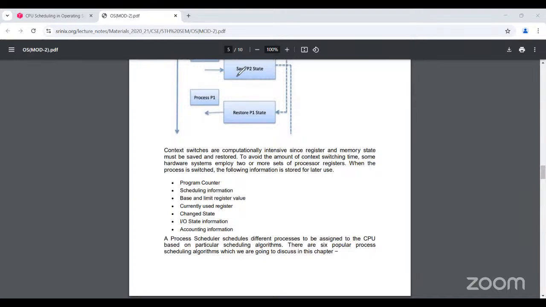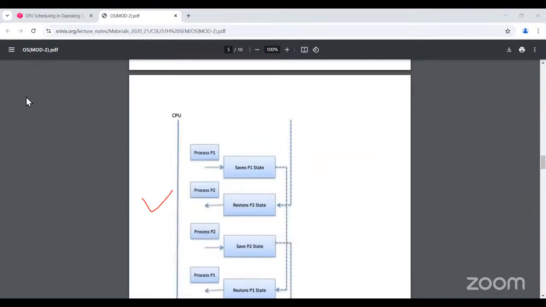Based on some information stored there: the program counter, scheduling information, the base and limit register values, currently used registers, and changed state. Based on this information, it is able to switch between the two processes very quickly. That is the meaning of this.